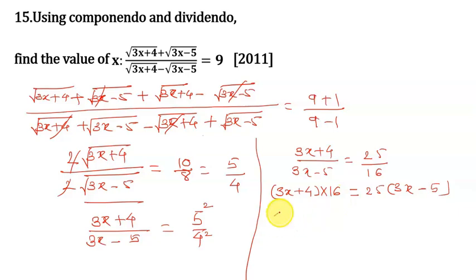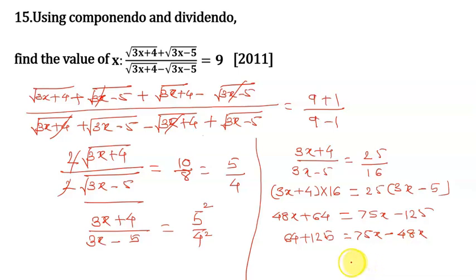16 into 3x, you will have 48x. 4 into 16, 64. 75x minus 125. And the next simplification, transfer this 48x to the right hand side. 64 plus 125, and here is 75x minus 48x.